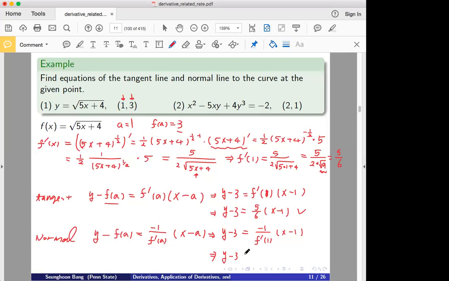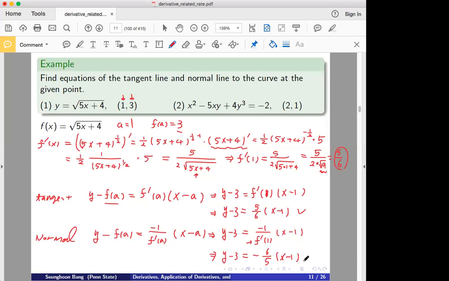Y minus 3 equals, you plug 5 over 6 into the denominator, minus 1 over f prime of 1. Take the reciprocal and the negative sign. Yes, negative 6 over 5. So y minus 3 equals negative 6 over 5 times x minus 1. That's the whole idea for finding the equations of the tangent line and the normal line.